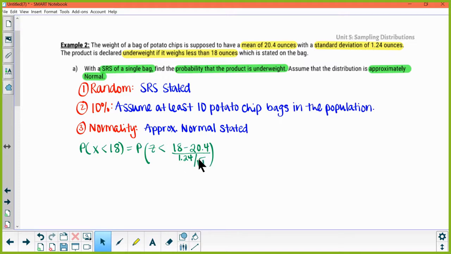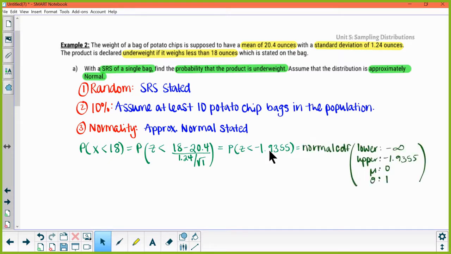And with square root of 1, because our sample size is 1, which gives me probability that z is less than negative 1.9355. And again, you have the option of going table or calculator. I went calculator in this instance. 2nd VARS number 2.